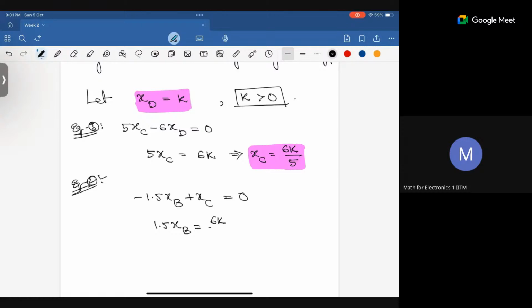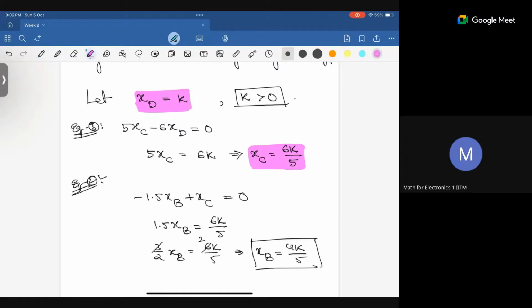XC is 6K by 5. So 1.5 is 3 by 2. 6K by 5. So this and this will get cancelled out. This will give me XB is equal to 4K by 5. Right. So XB is 4K by 5.